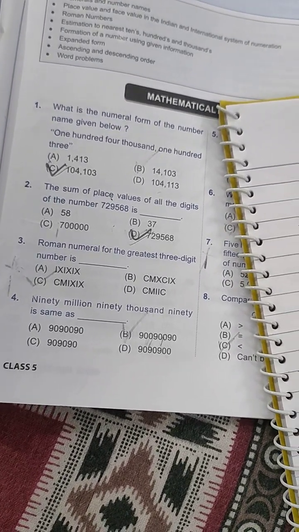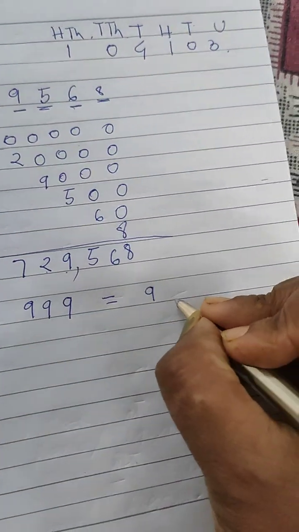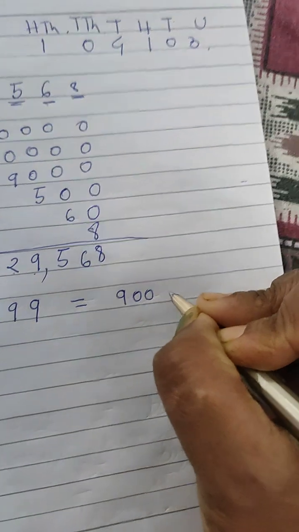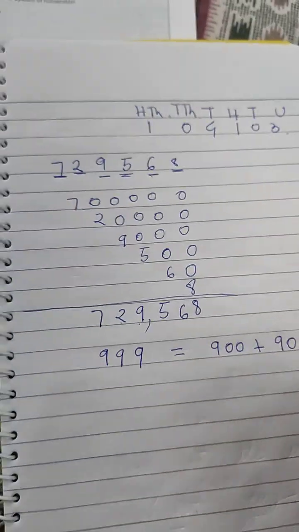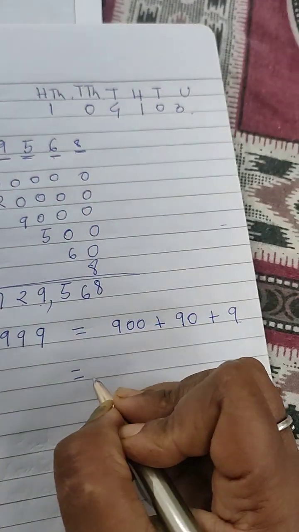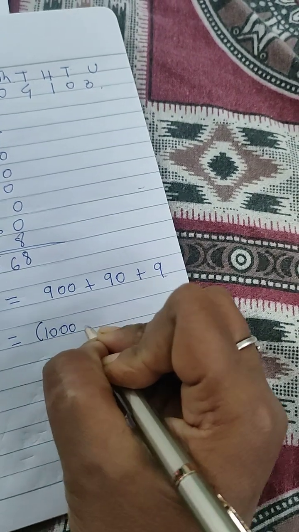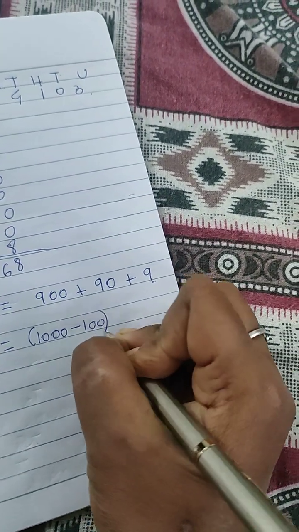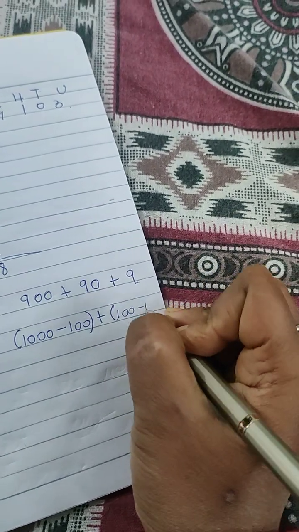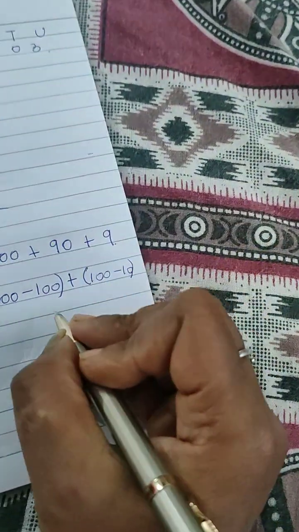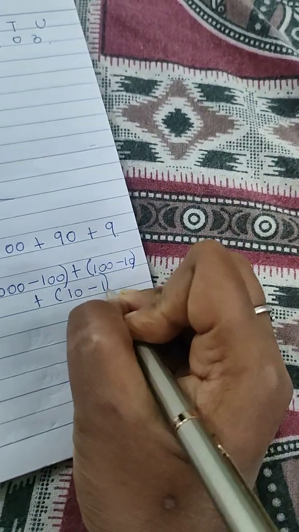We are breaking the number as 900 plus 90 plus 9. Now we can break 900 as 1000 minus 100. We can break 90 as 100 minus 10, and we can break 9 as 10 minus 1.